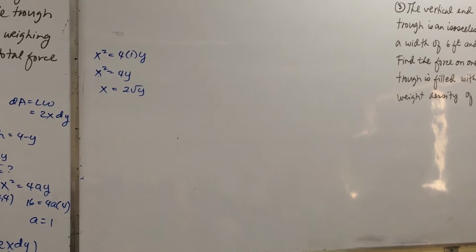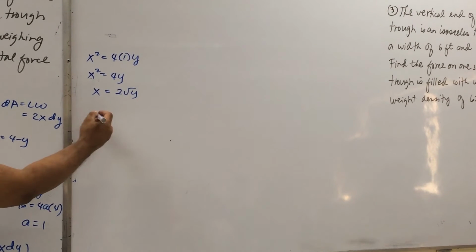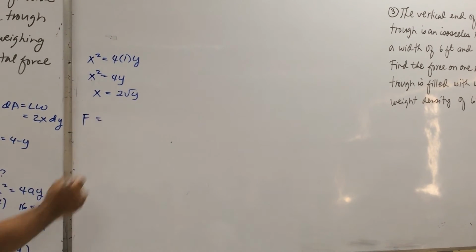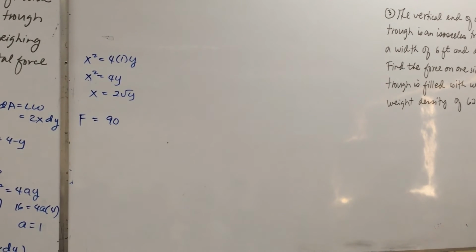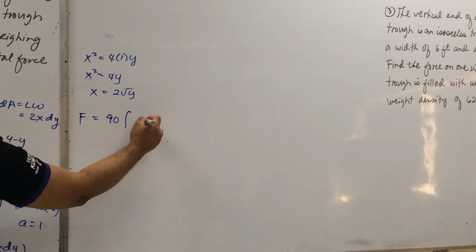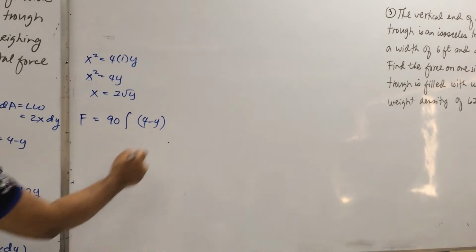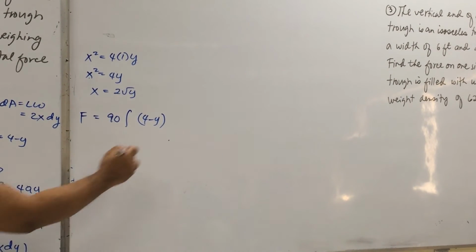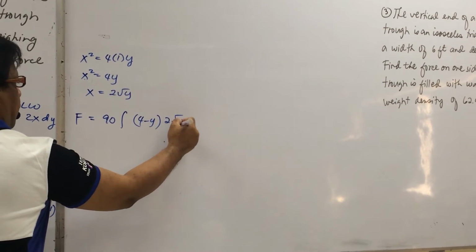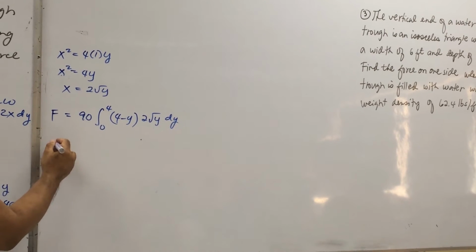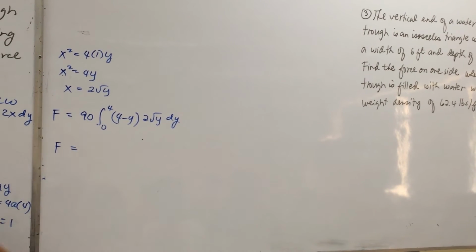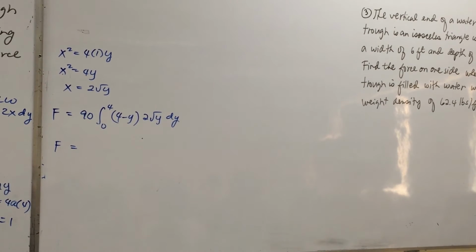So with that, the force is equal to 2 times 45, which is 90, times the integral of 4 minus y. What about x? x is 2 square root of y, dy from 0 to 4. So we may now compute for the force.